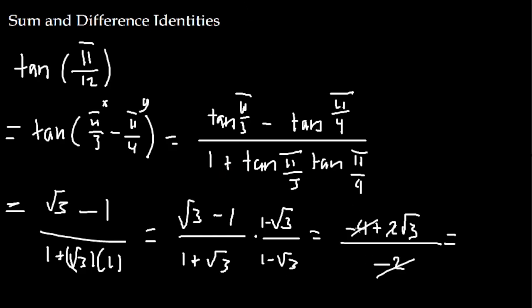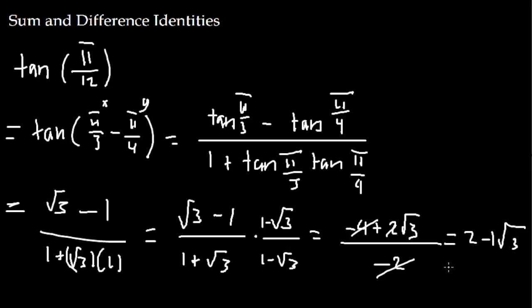Negative 4 divided by negative 2 is positive 2, hindi negative 2. What am I thinking? Then negative 2 divided by negative 2 is negative 1. Then, square root of 3. Cancel na yan.